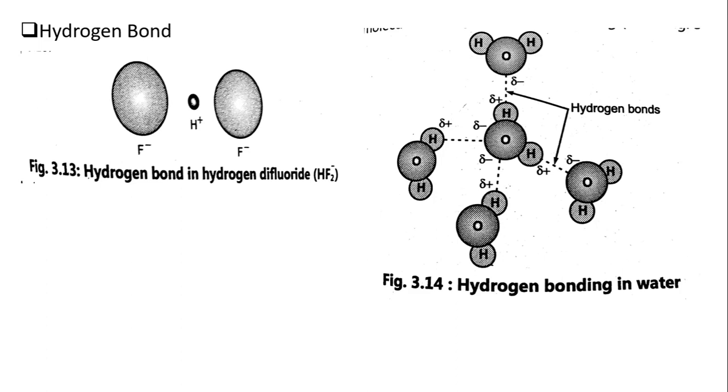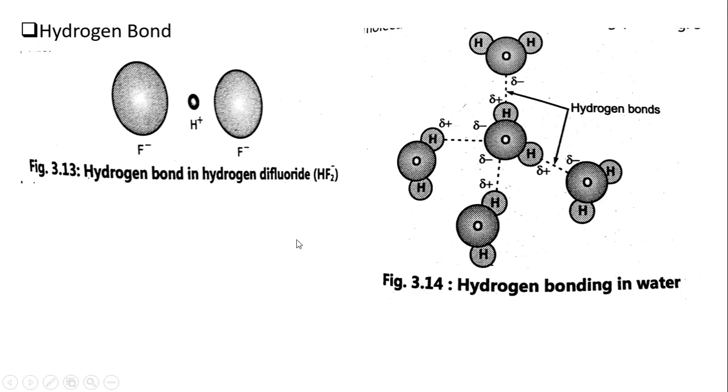The hydrogen bond is formed when a proton, H plus ion, gets between two atoms, polarizing them and attracting them by means of the induced dipoles. For example, the hydrogen difluoride ion. Here, hydrogen bond in hydrogen difluoride HF2 minus is shown in this figure here.